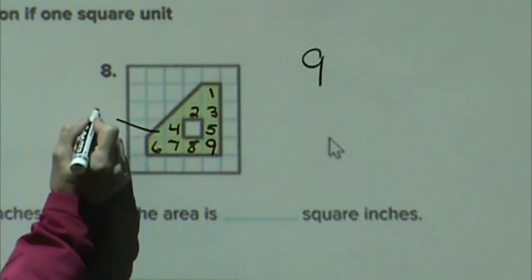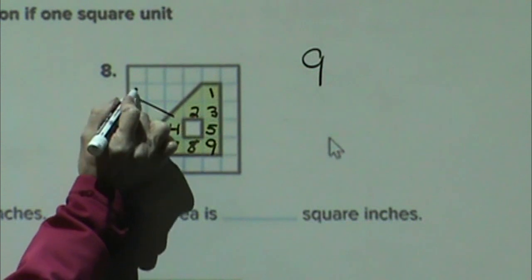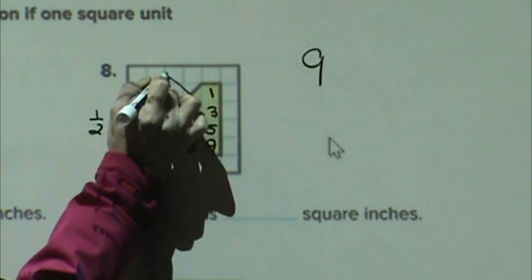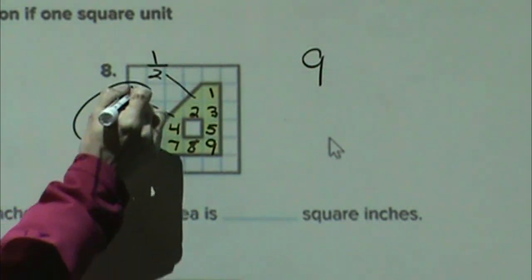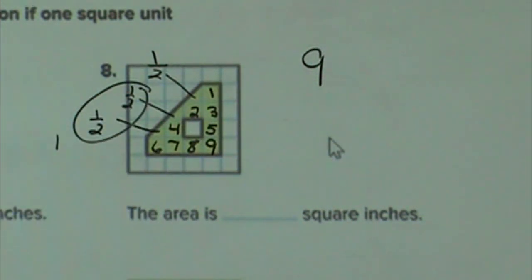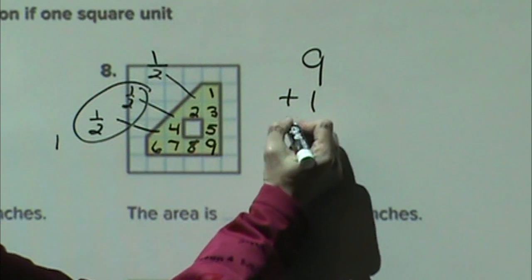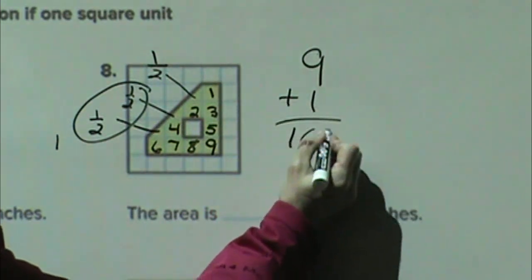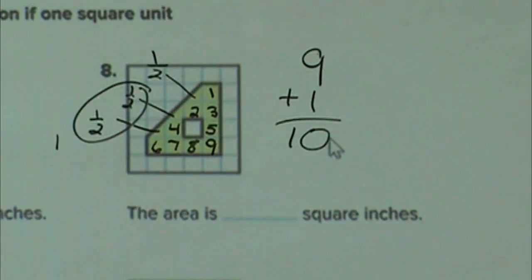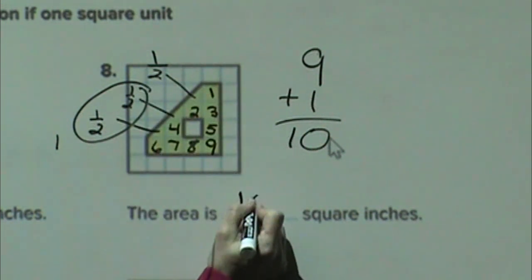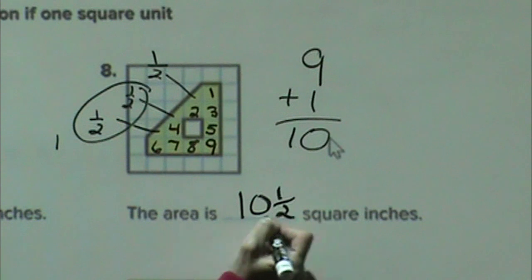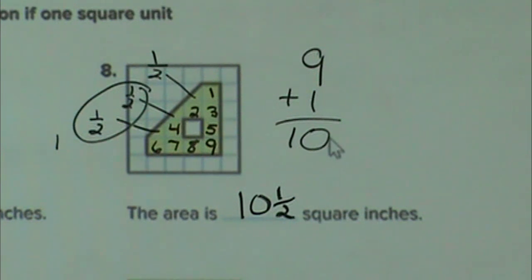Pull out our halves. 1 half, 1 half, 1 half. 2 halves equals another whole. I'm going to add that to this whole. 9 plus 1 is 10 wholes. And we still have this half hanging out there. So the area becomes 10 and 1 half square units.